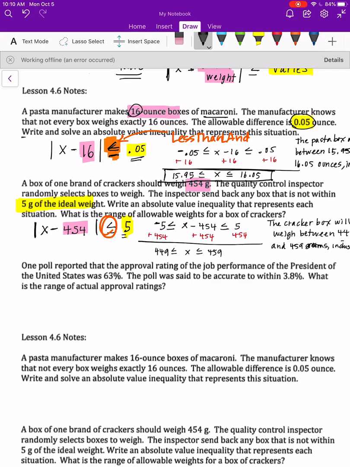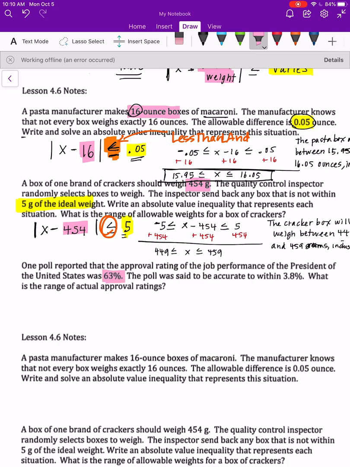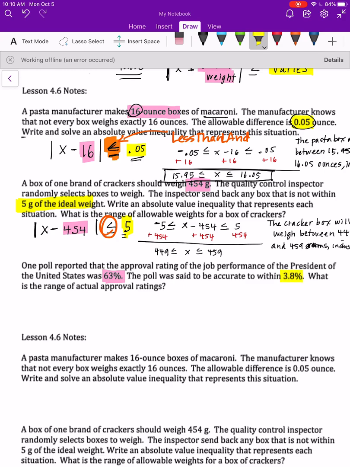What is the range of actual approval ratings? So 63% is going to be our actual. And then it said it would be accurate within 3.8%, which is how much it varies.